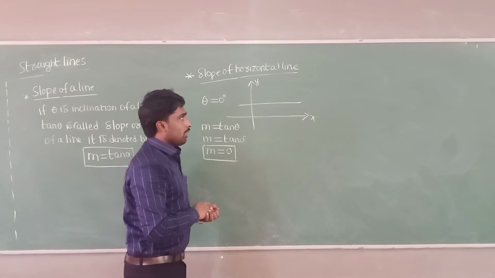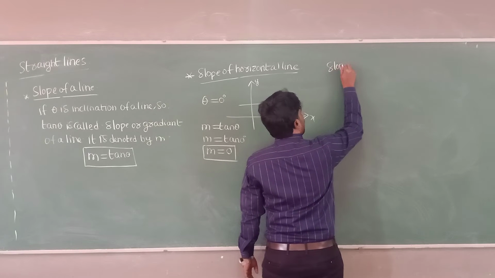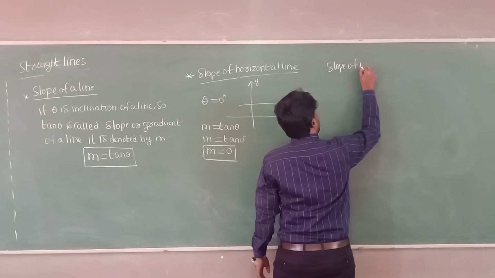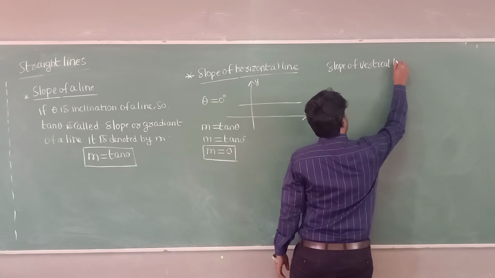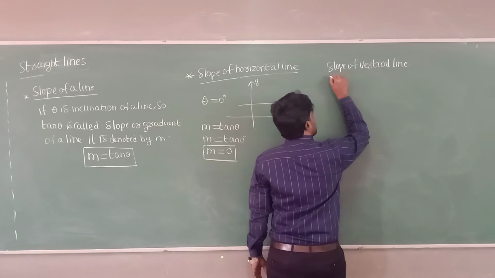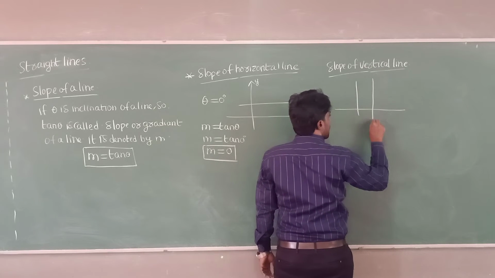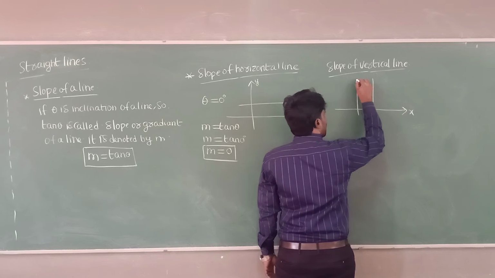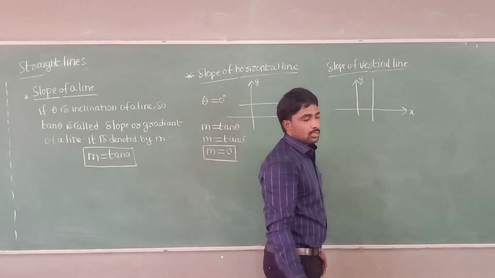Now, sometimes they will ask the slope of a vertical line. A vertical line means it is perpendicular to the x-axis. This is the x-axis, and this vertical line is perpendicular to it.